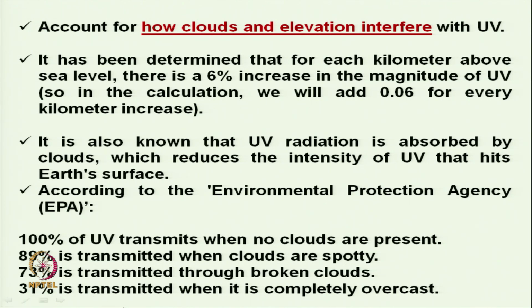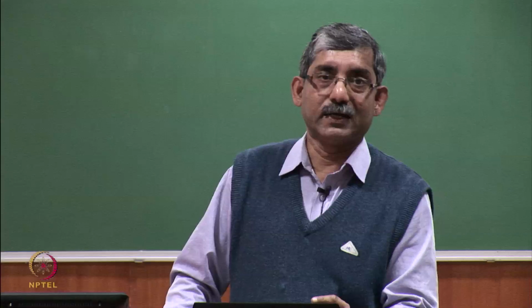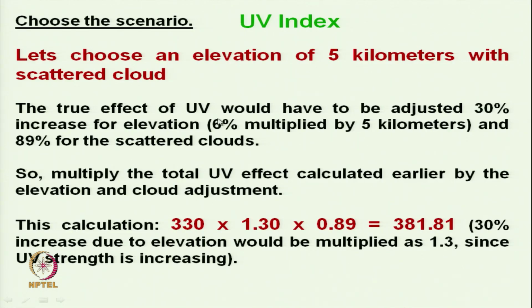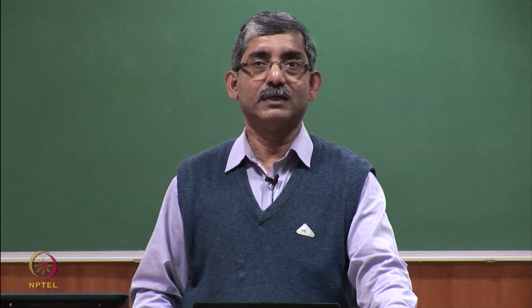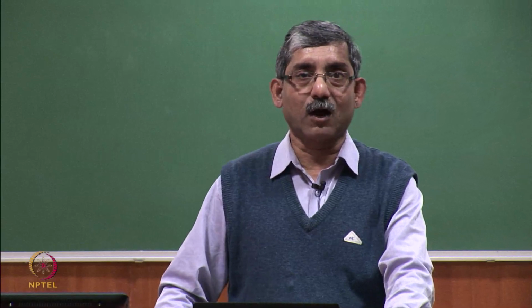So, if you take these two aspects of elevation and cloud interference, we can readjust the data. Let us choose an elevation of 5 kilometer with scattered cloud. So, if we try to see the UV index for a particular place which is, for example, 5 kilometer above sea level, and scattered clouds are there.